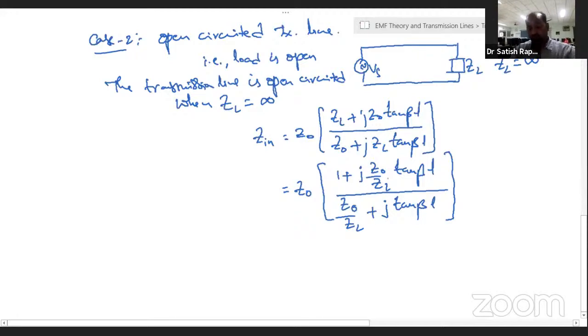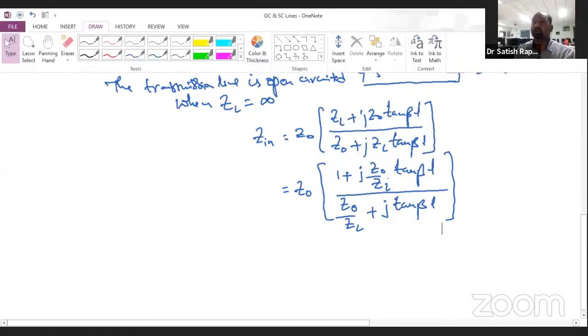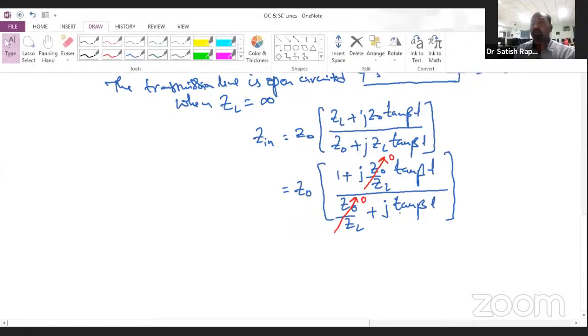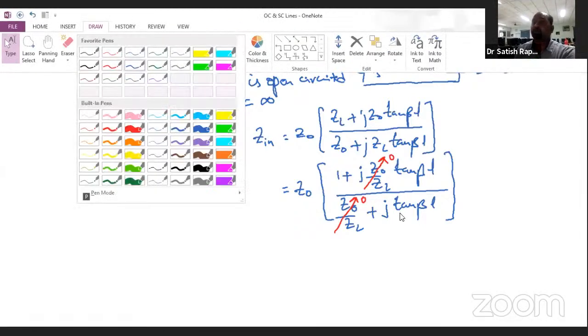Now, when ZL tends to infinite, what happens? The terms Z0 by ZL will become 0.